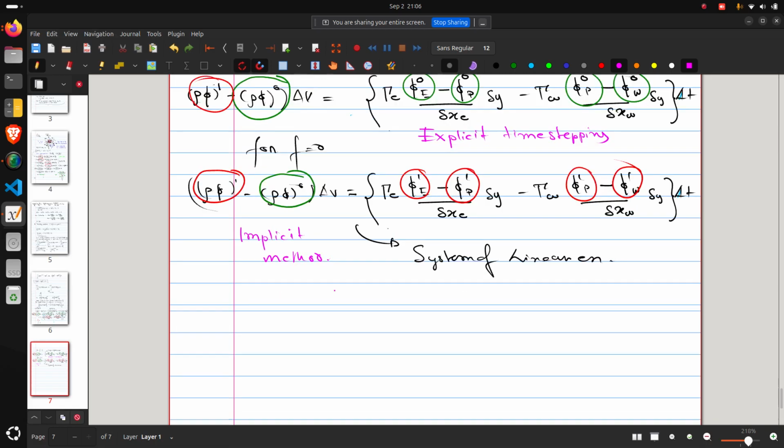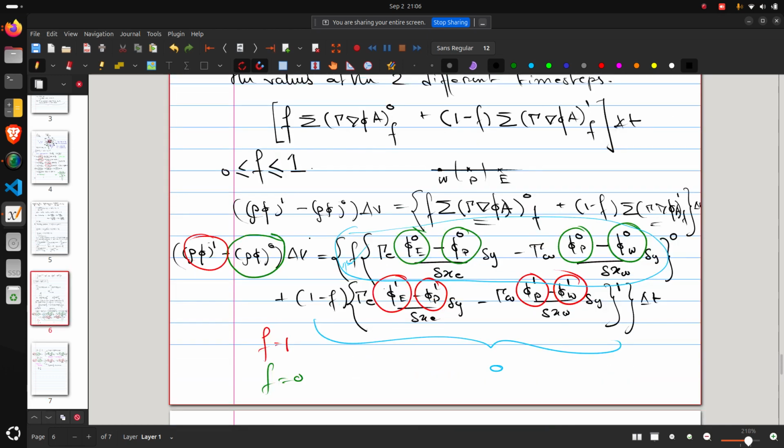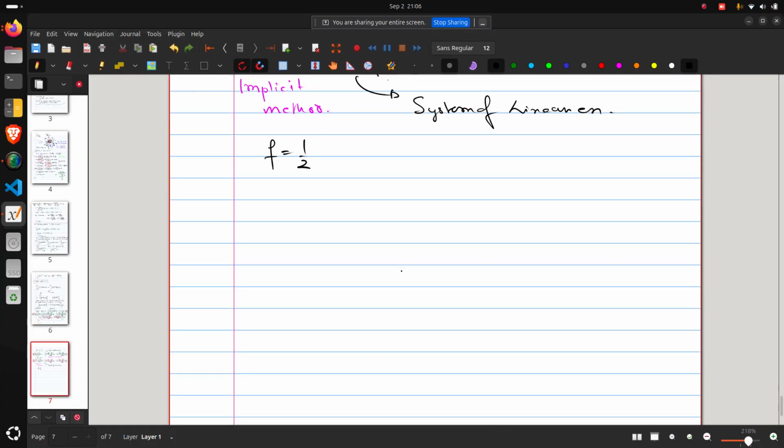The implicit method. Now what happens when we choose some value of f which is between 0 and 1? There is another time stepping scheme where f is taken as half, right? So both this part and this part will survive, and it will be multiplied with a factor of half, right? So this type of method is called a Crank-Nicolson method.